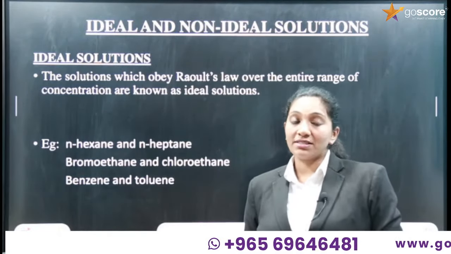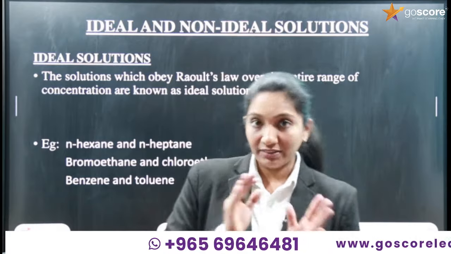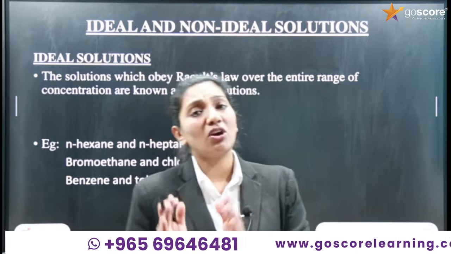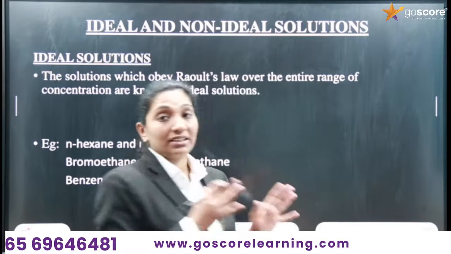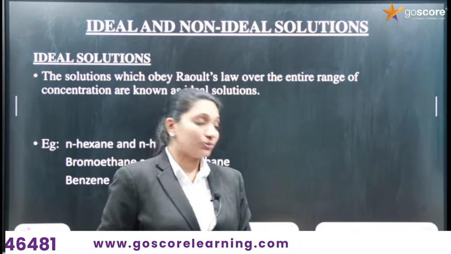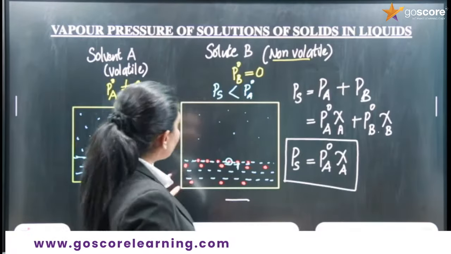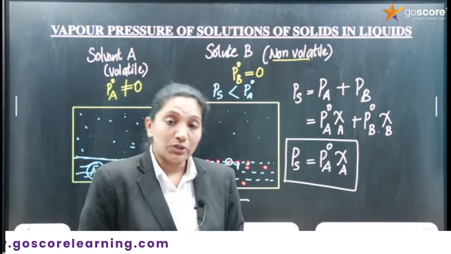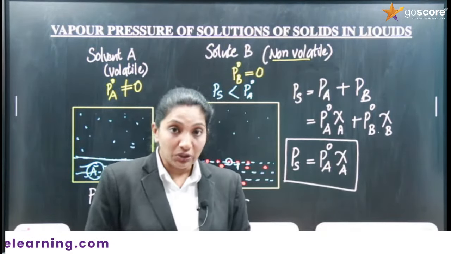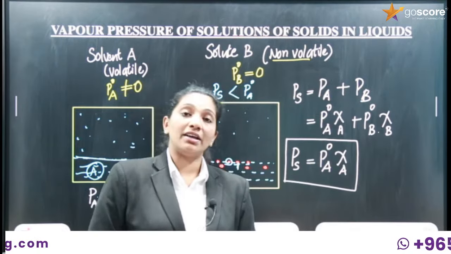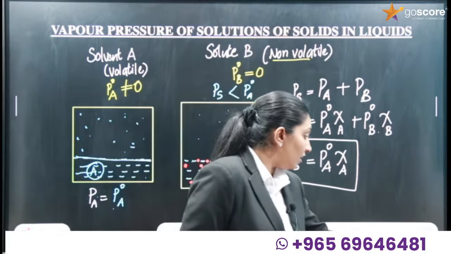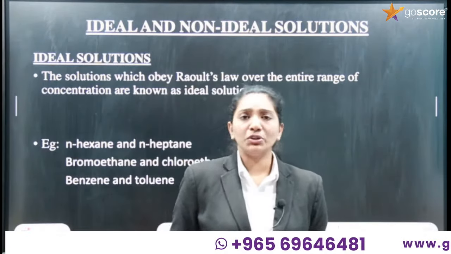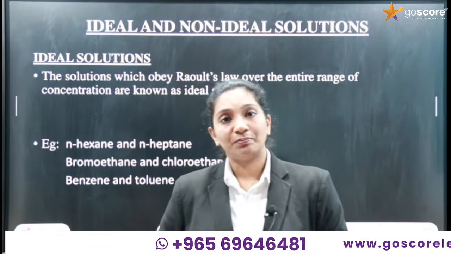The next topic is the ideal solution and the non-ideal solution. I hope Raoult's law, Dalton's law, and how these are related are all clear for you. In the last slide, we discussed solutions that contain a liquid component as well as solid and liquid components. Now we are going to discuss the ideal solution. What do you mean by an ideal solution?